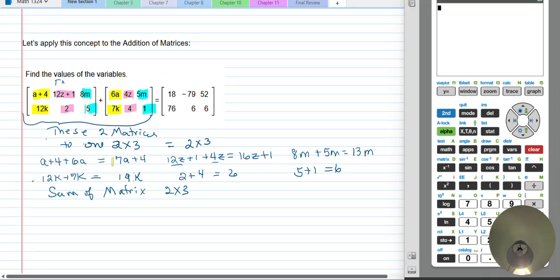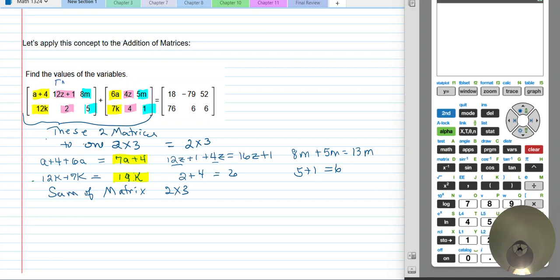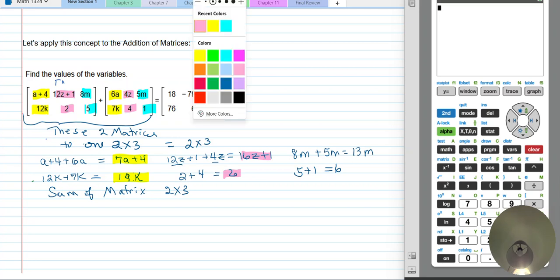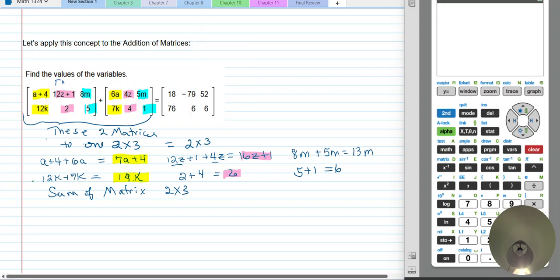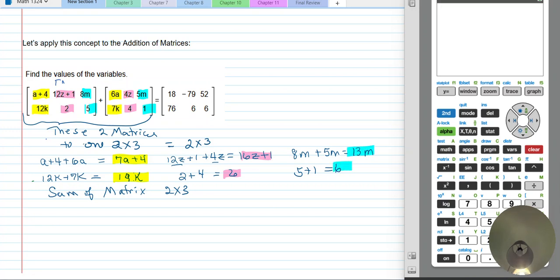So I'm going to have this and this. I'm going to have this and this. And then I'm going to have this and this. All right, so now I'm going to rewrite my matrix.